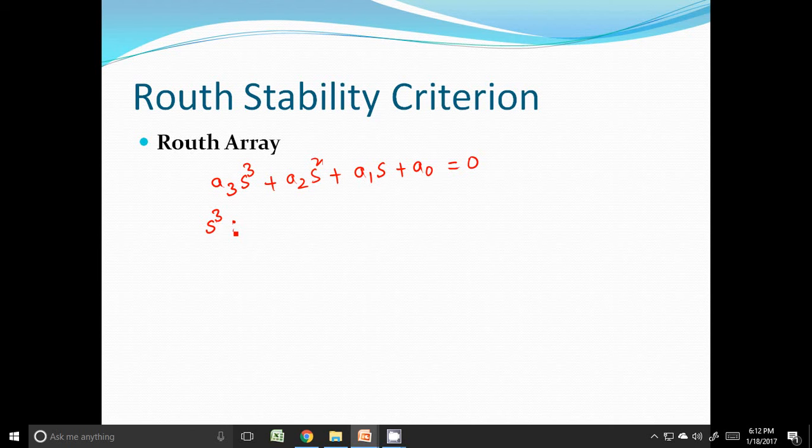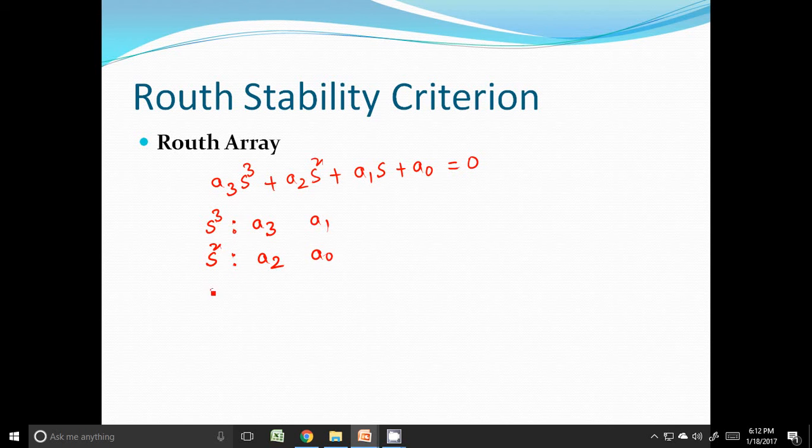First row: here the highest power of s is 3, so the first row should consist of the coefficients of odd powers of s, that is a3, a1. Next, the second row is s power 2. 2 is an even number, so the second row should consist of the coefficients of s that have even power. So here comes a2, a0.